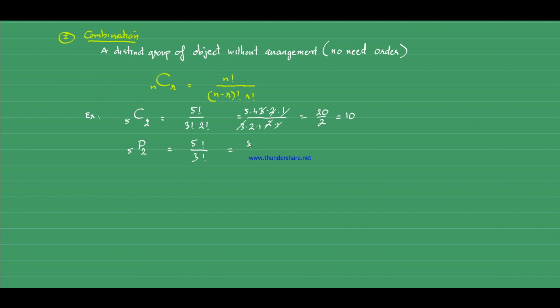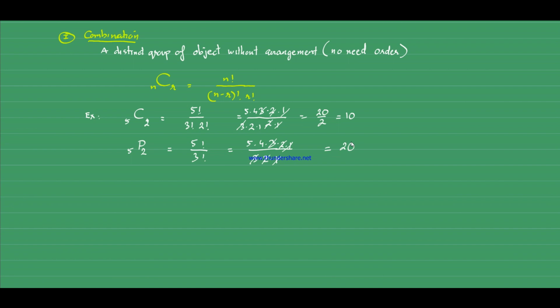So you have 5 times 4 times 3 times 2 times 1 over 3 times 2 times 1, and you end up with 20 options.